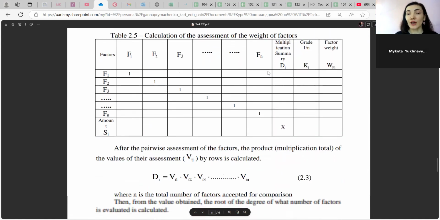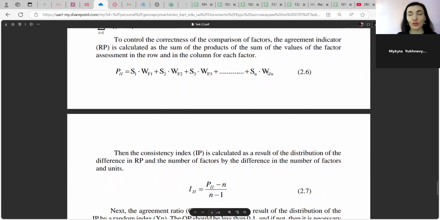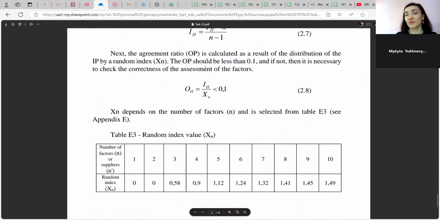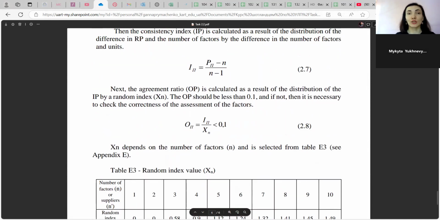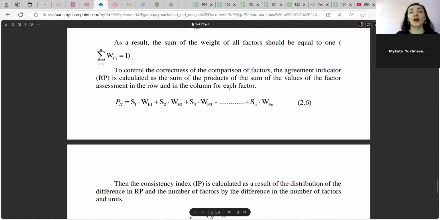Now we need to check our calculation and use these formulas from 2.6, 2.7 and 2.8. If we have a result where O with index p is less than 0.1, it is okay, and our calculation was good.